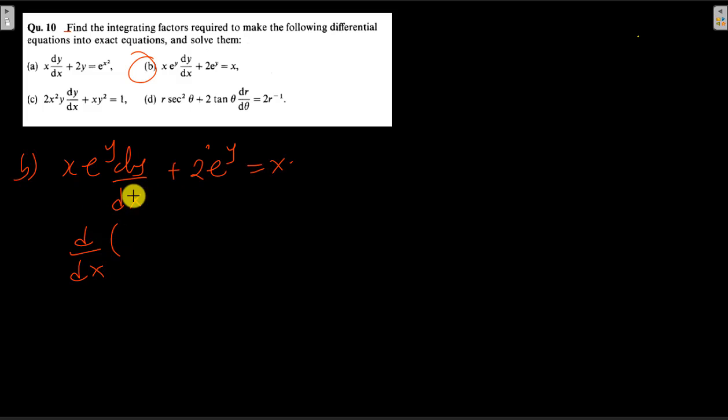So in this equation we have x, then exponent y dy dx, then here we have 2 exponent y. So if you apply some knowledge of finding derivatives of implicit functions, you actually notice that our function is going to have exponent y, because the derivative of exponent y is exponent y dy dx. That's here.